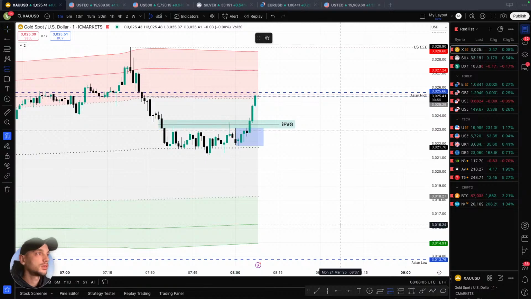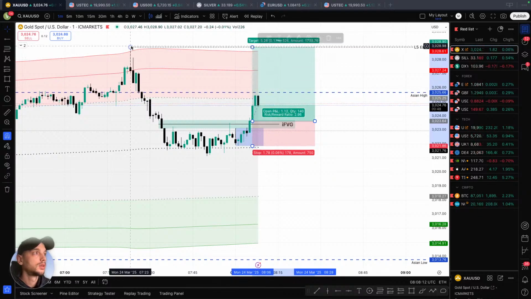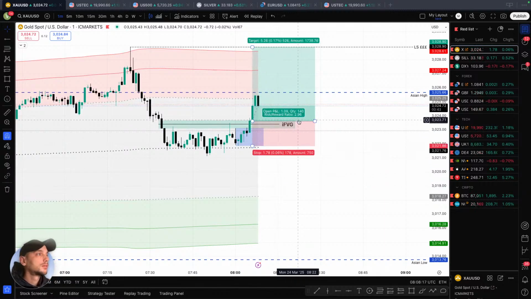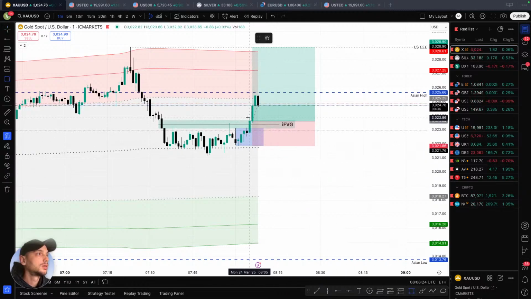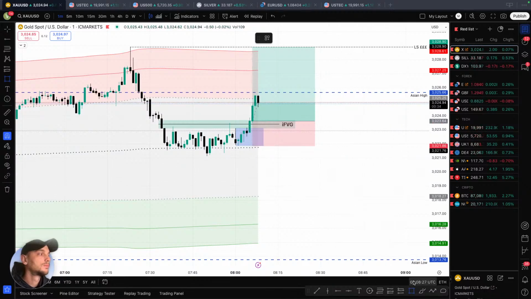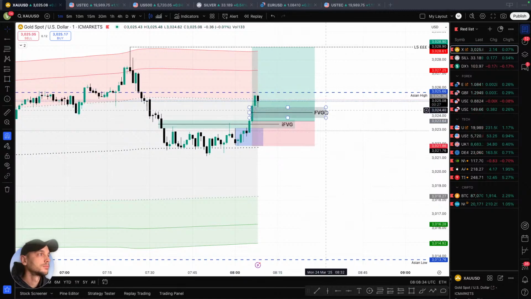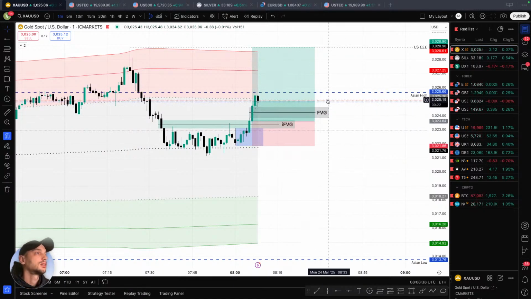For now we are missing the trade, but this is how it should look like. 3R, not bad, not bad. I won't be surprised if the price reacts from here and keeps pushing higher.